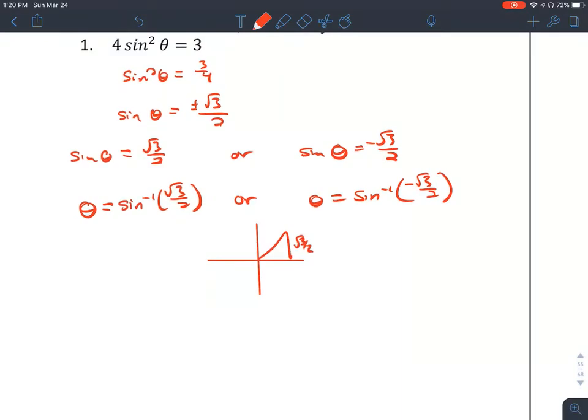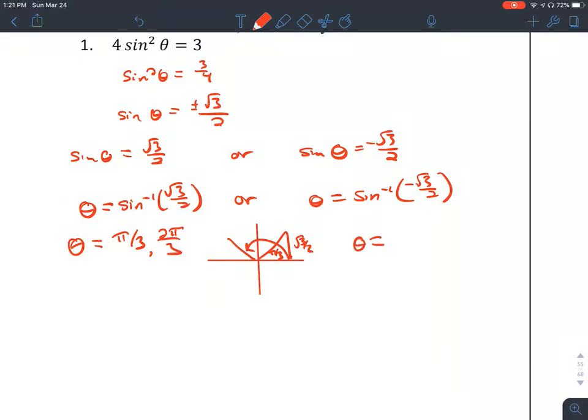Opposite of y in this case is going to be pi over 3. So my answers for this, I'm going to get pi over 3. And then from here to here, I'm pi over 3 short of getting to pi. That's going to be 2 pi over 3.